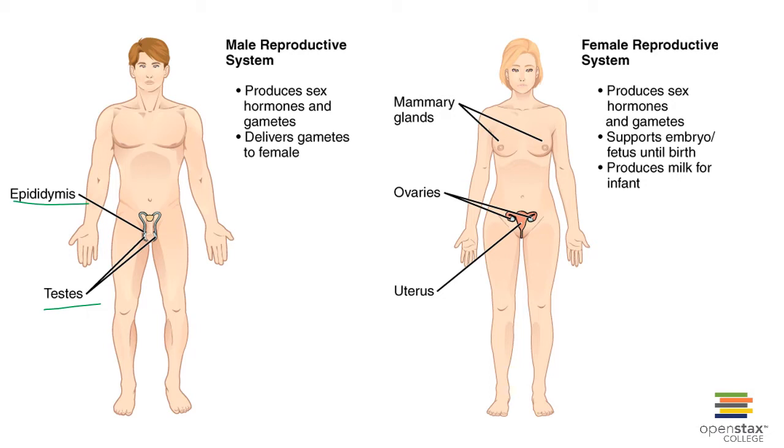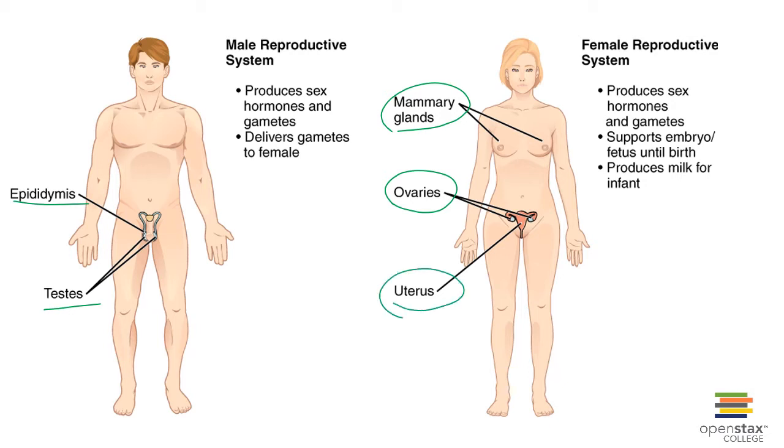The female reproductive system again produces sex hormones and gametes, but a little bit differently from the male in that it helps support the embryo and fetus until birth and helps produce milk for the infant. So the female reproductive system is responsible not only for growing the offspring, but also nourishing it as well. We have our mammary glands and the ovaries, which produce the egg, and then the uterus where the fetus grows until delivery.